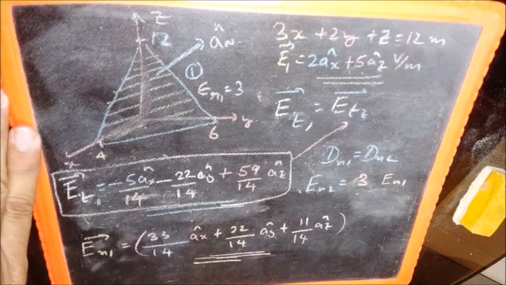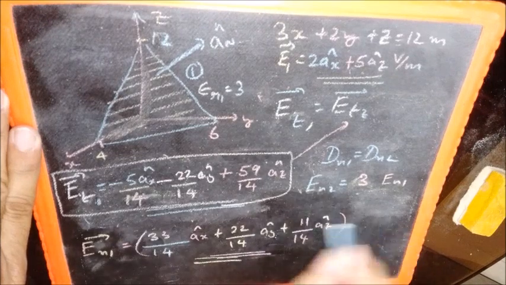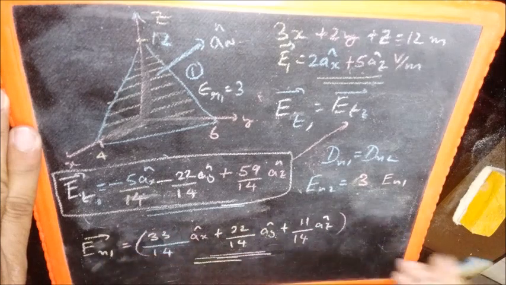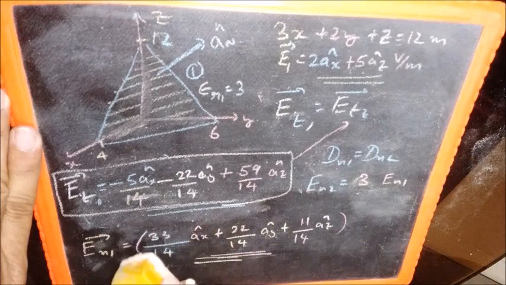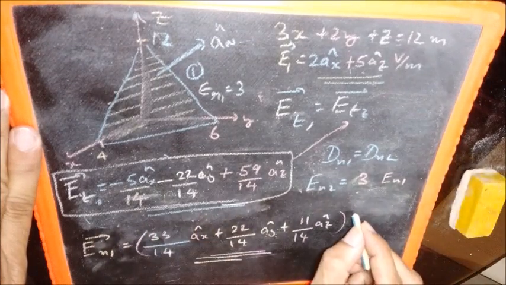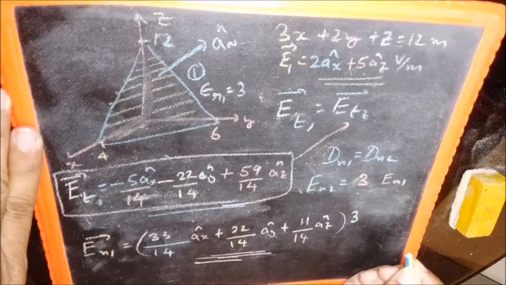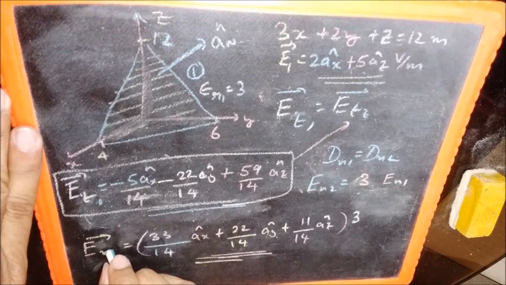So now, since we have En1 here, if we multiply this with 3, we should get En2.